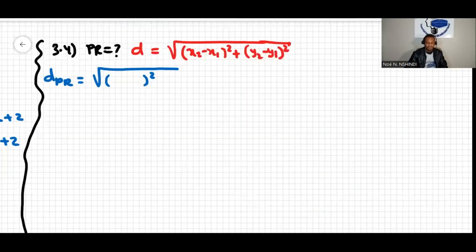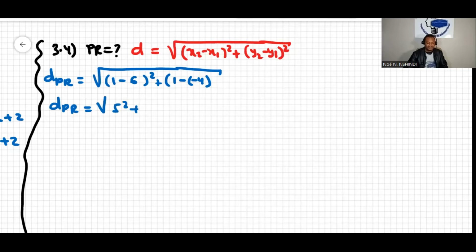So this will be 1 minus 6, and then 1 minus -4. The distance PR will be equal to the square root of 5 squared plus 5 squared, which makes the distance equal to the square root of 50.